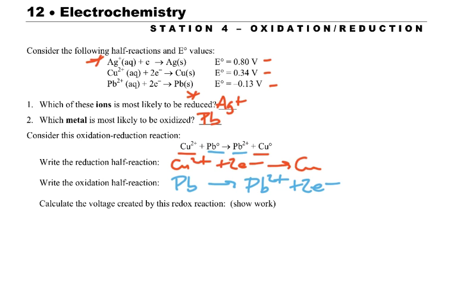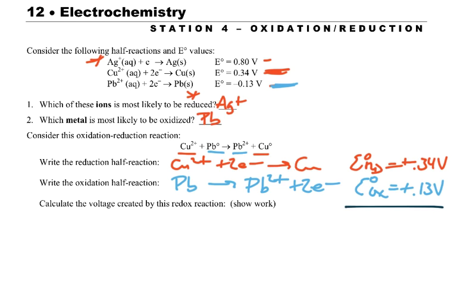Calculate the voltage created by this redox. Okay, so the voltage for the lead, because we turned it around, we're going to say now its oxidation potential equals positive 0.13 volts. And the copper as is, E0 reduction, is positive 0.34 volts. So we're using this number just as is. This number we had to change the sign because it's going in reverse.